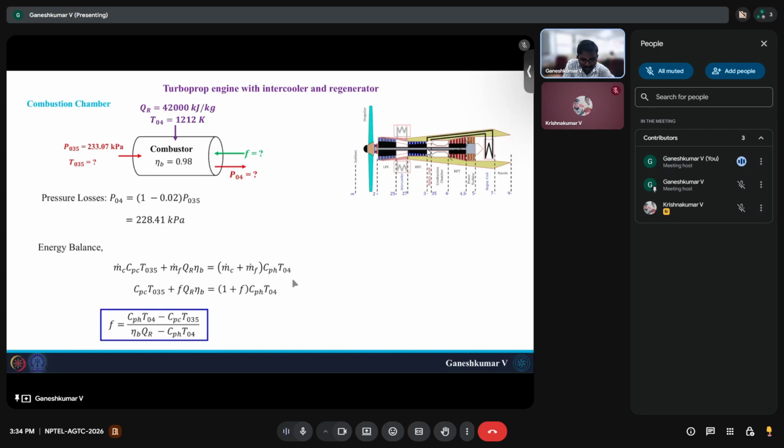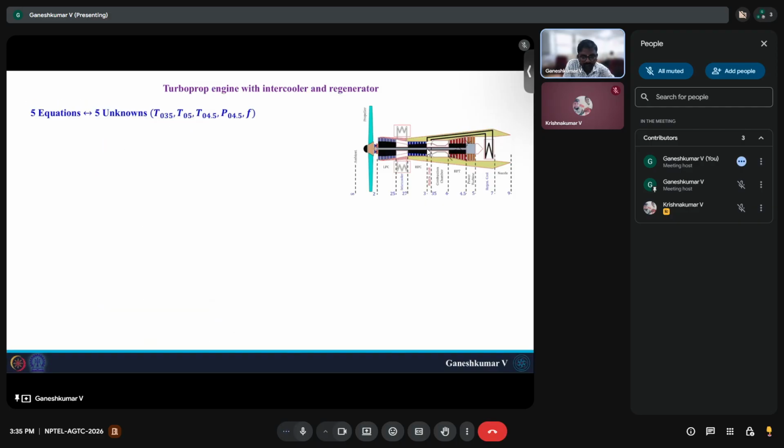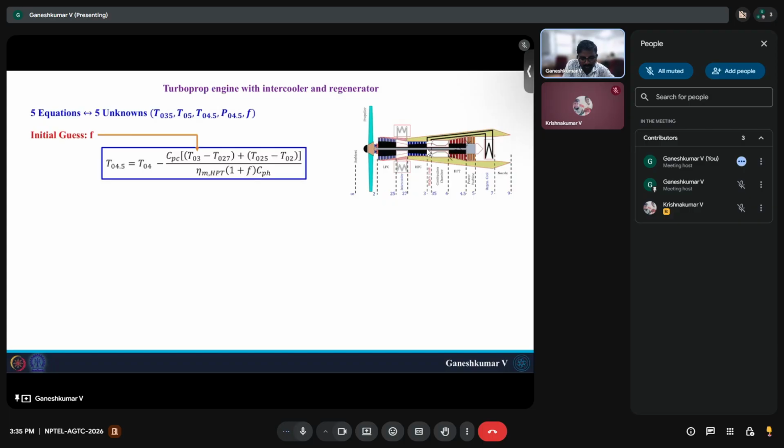You rearrange them to find F, but that will lead you to another unknown, T035, which is nothing but the regenerator exit, and the regenerator exit is what we initially wanted. So you have like 5 unknowns, and what you do is perform an iterative task.